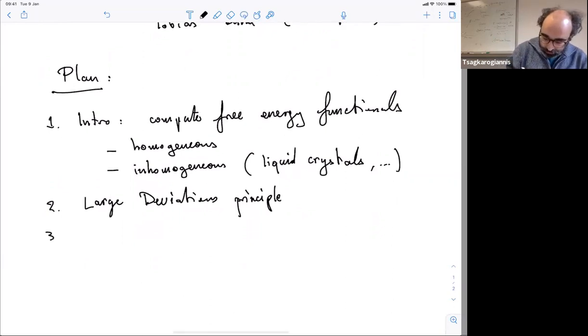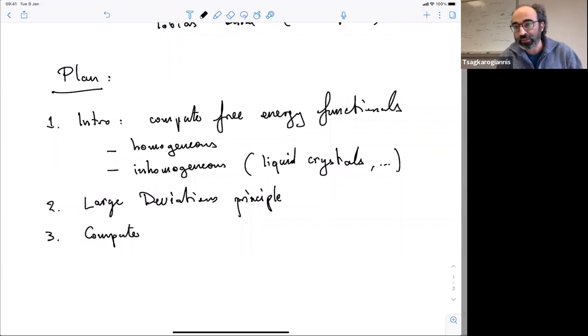And the second technique is when you do the large deviation principle, you arrive with a variational problem. So in some cases, you can solve explicitly this variational problem by expanding the solution in a power series. So this is very much related to another technique from statistical mechanics called the cluster expansion.